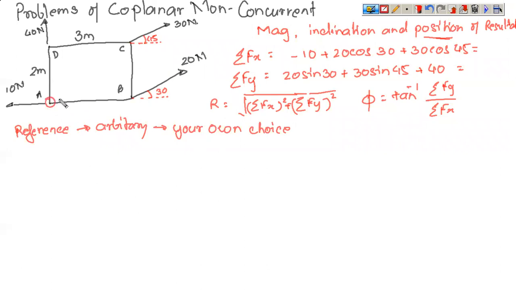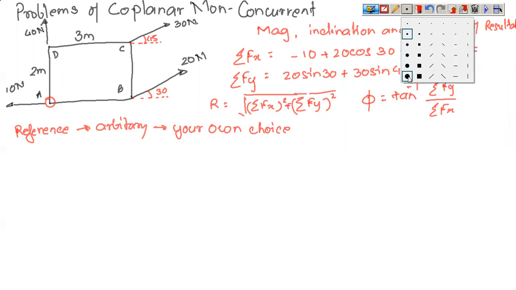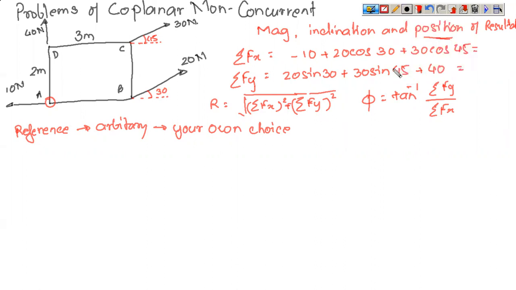Once we have decided A as our origin, you will mark this. Look, this is your first problem. So to make things understandable to you, we'll mark a location. So this location has been clear. Let us draw a rough line.